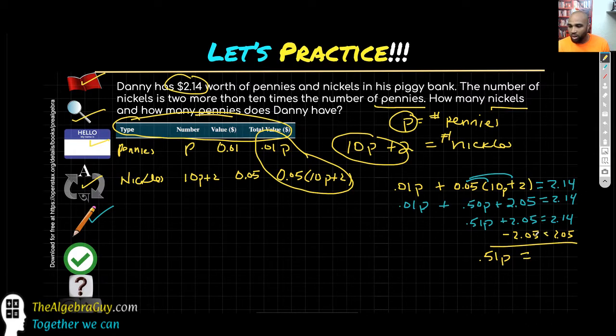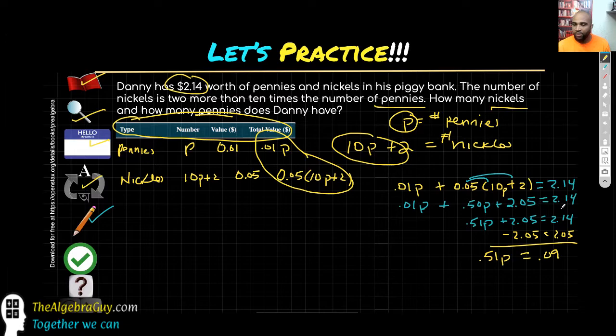Erase. I just subtracted $2.14, which left me with $2.05, which should leave me with what, 9 cents? Is that right? So when I subtract the 205 from here, I only have 9 cents left.